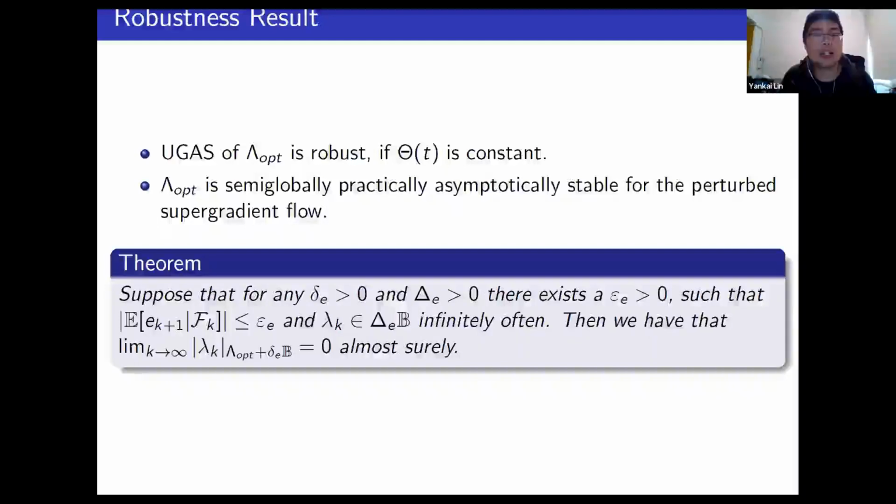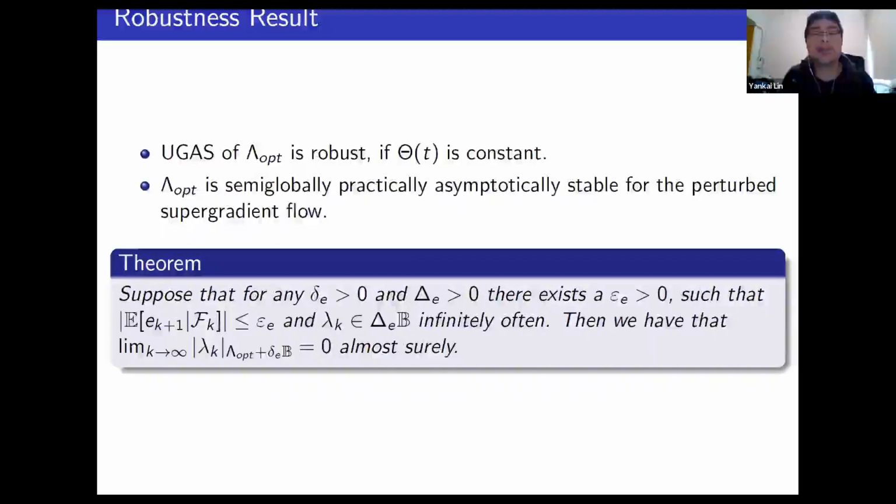That's enough regularity we require for the stability property of lambda opt to be robust. So if theta t is constant, then the UGAS property regarding the supergradient flow of lambda opt is robust. What that means is that lambda opt is semi-globally practically asymptotically stable for the perturbed supergradient flow.